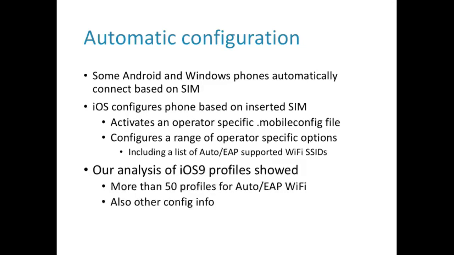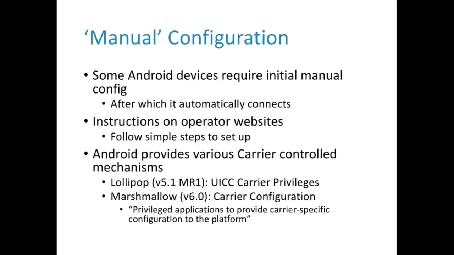We did a brief analysis of iOS 9 and found more than 50, nearly 60 odd profiles containing auto Wi-Fi type networks. There's also a bunch of other configuration in there. Then there are manual ones, so some Android devices require manual configuration, where you follow the instructions on an operator website, and it's pretty simple.